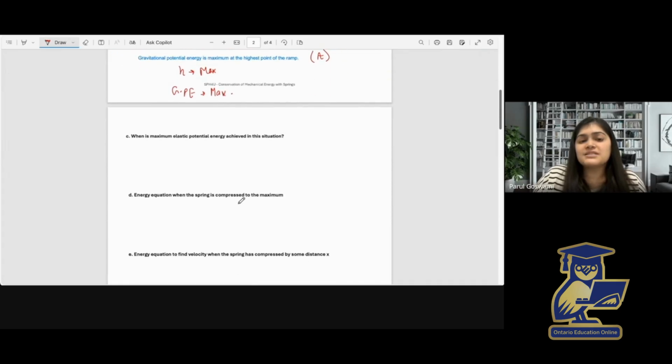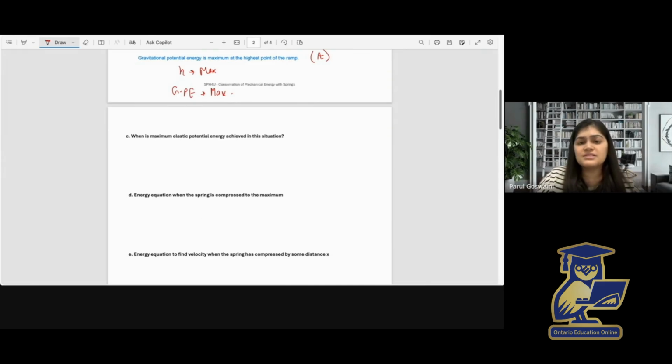Now, when is the maximum elastic potential energy achieved in this situation? As we have seen, maximum elastic potential energy is achieved when the spring is compressed the most. Elastic potential energy depends on the compression distance, x.